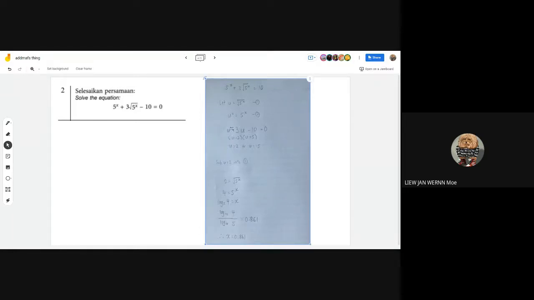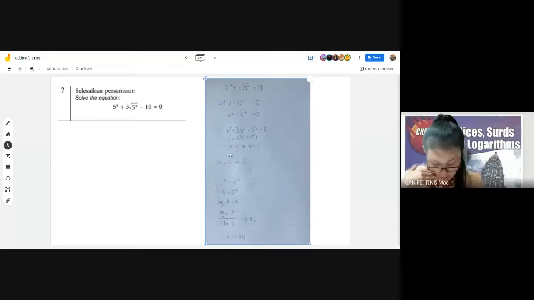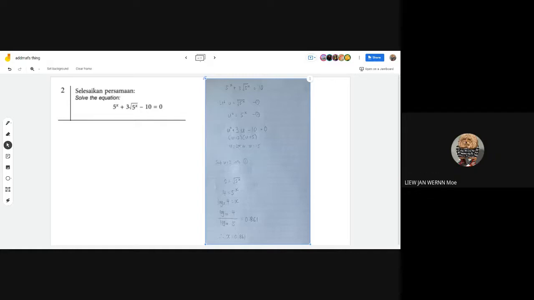So I get a quadratic function, so I can get the value of u. Okay, you get a quadratic equation, then you factorize, then you get the value of u. Good. Then there are two answers, but we want to choose the positive one because we can't get.